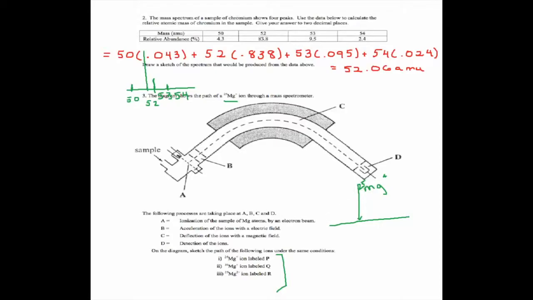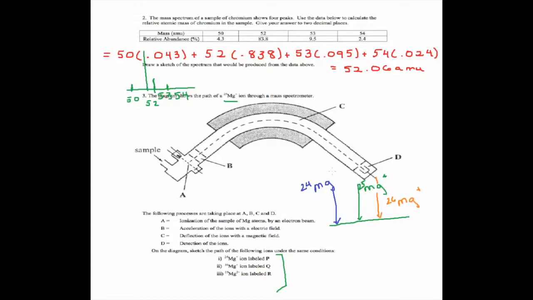And so it makes sense that I would put magnesium 26 hitting like right about here, because it's going to be deflected less than magnesium 25. And it also makes sense that I would put magnesium 24 here, because it's going to be deflected more than magnesium 25.